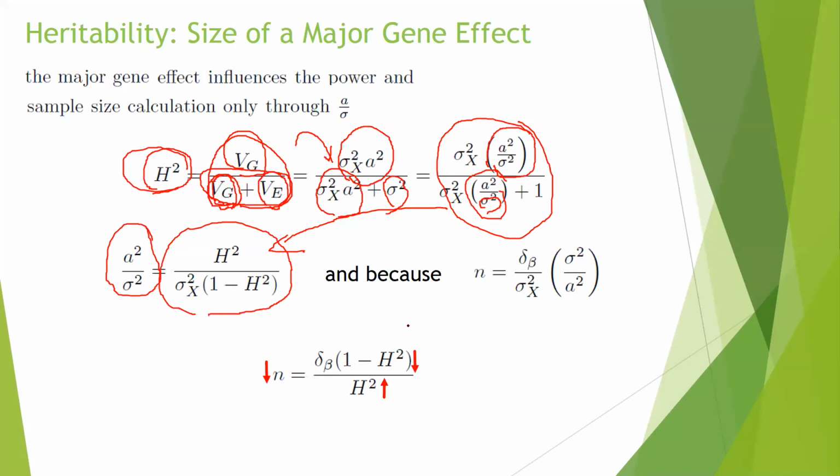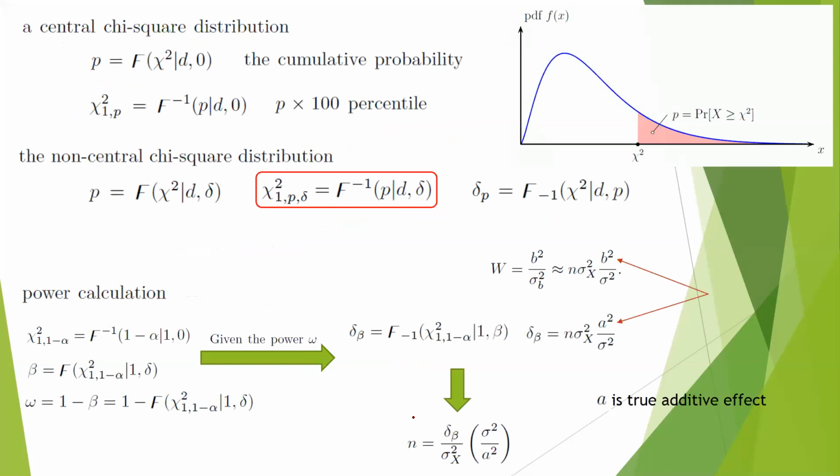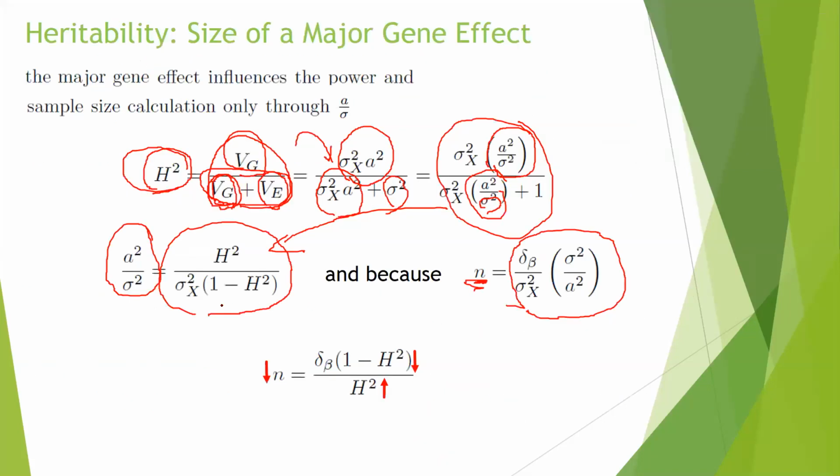And n equals to this is what we calculated in the previous slide, right? So now we can replace this ratio by this and plug this into here. Then we get this.